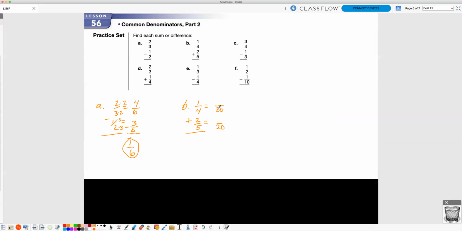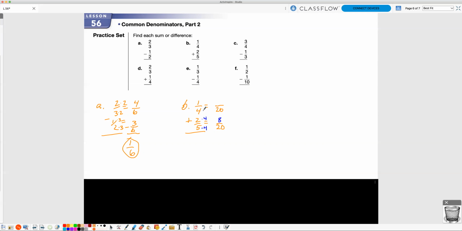It's at least a multiple of both 4 and 5. If I was to list all the multiples of 4 and all the multiples of 5, 20 would be one of the common ones between the two. Now I know that 5 times 4 is what got me to 20 there, so I have to do 2 times 4 up here, which is 8.